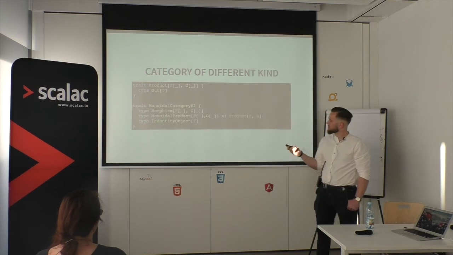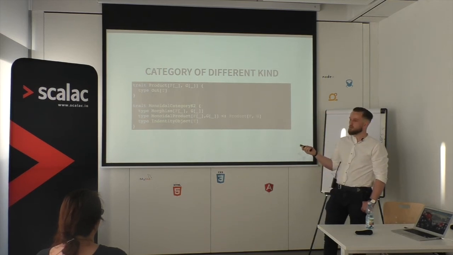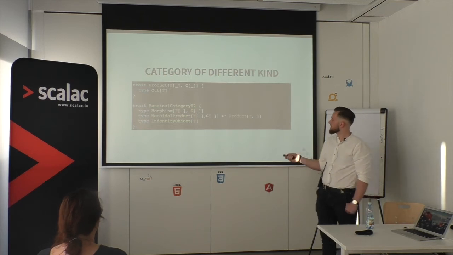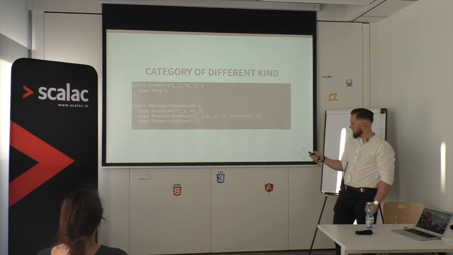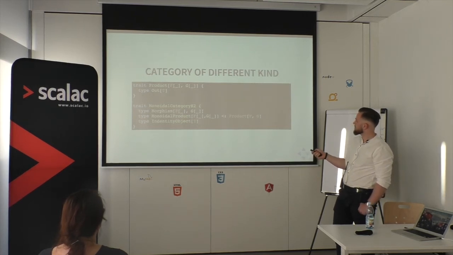So basically here we are defining the same thing we had before, but not for simple types, but for type constructors. The one thing that's a little verbose here is this product type, because for two type constructors we need a type constructor as well. So this Out type is a type constructor with one type parameter.